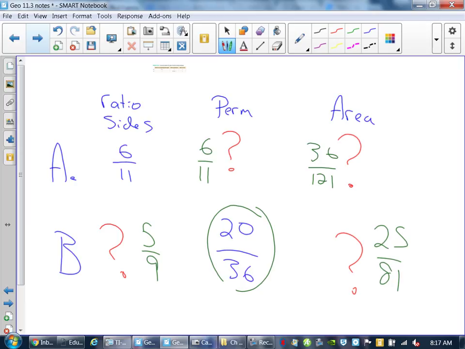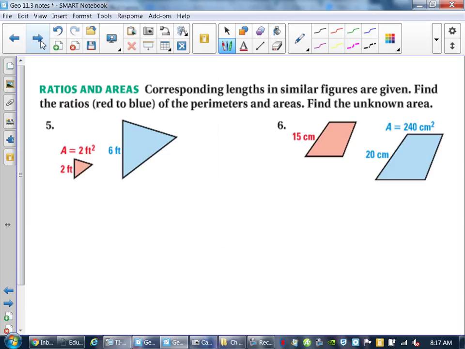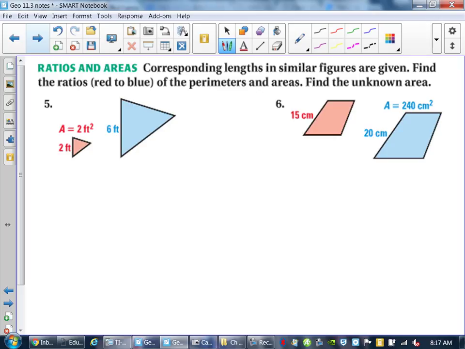Now, what we're going to wind up being able to use this stuff for is we're going to be able to figure out missing areas.